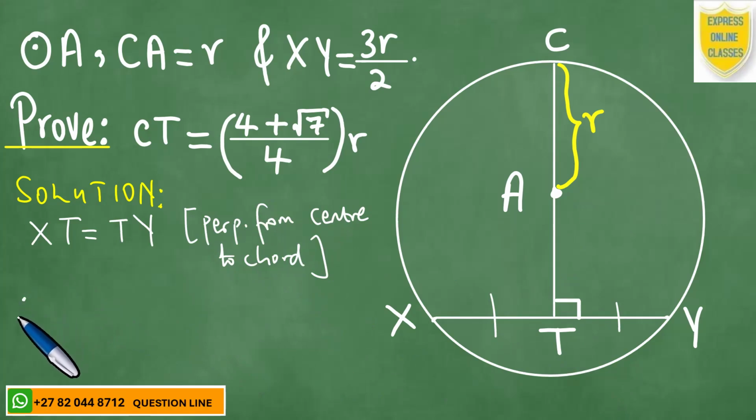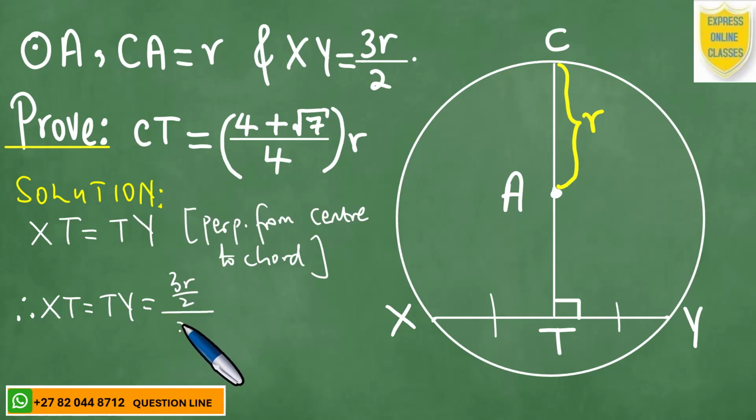By dint of this, we can find XT, which is equal to TY. If XT equals TY, it means that we have 3r over 2 all divided by 2, which is 3r divided by 4.